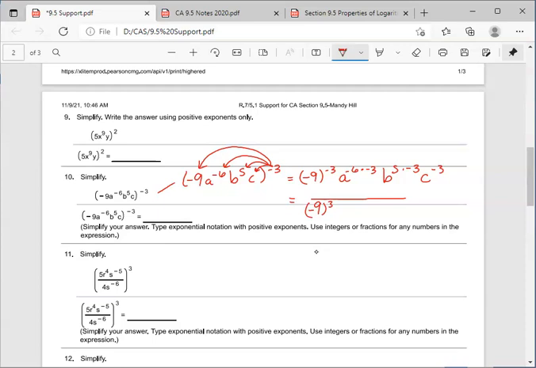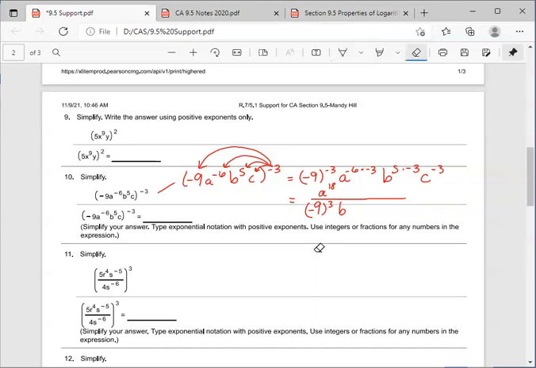On the top, I've got a to the negative 6 times negative 3, well, that's a to the 18th, because negative 6 times negative 3 is positive 18. Let's just work this as we go. We've got b to the 5 times negative 3, which is b to the negative 15. If it's negative, you're going to move it to the bottom, and when you move it to the bottom, it becomes positive.